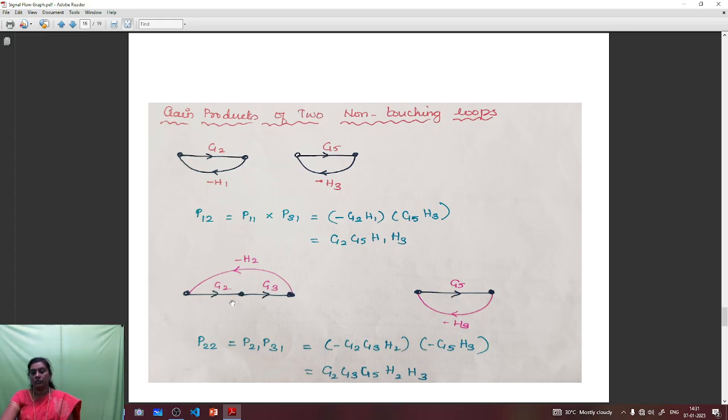After multiplying the gain of each loop, the output is G2, G3, G5, H2 and H3. This is the gain of the second two non-touching loops, which is represented as P22.